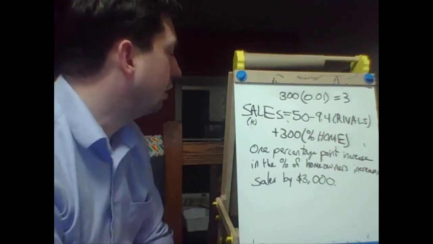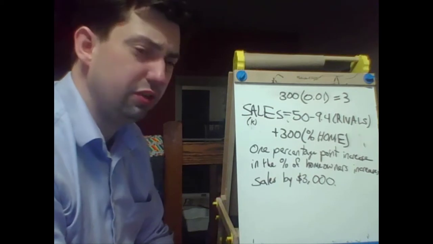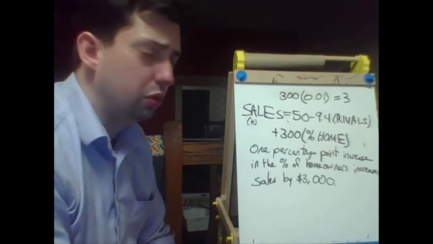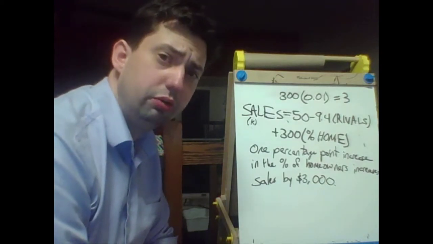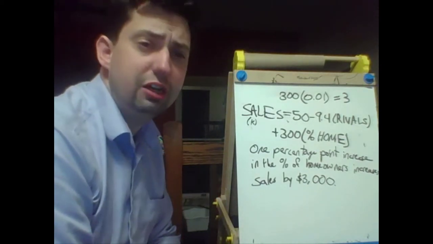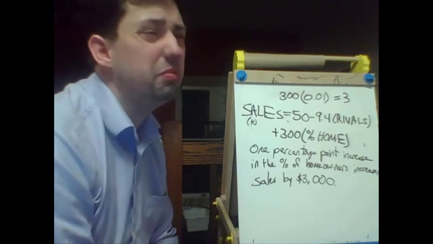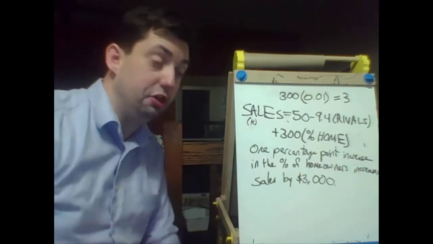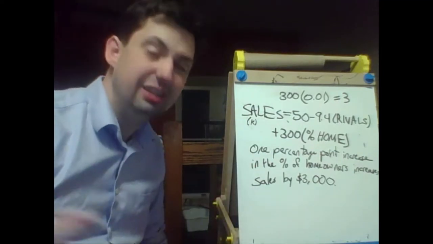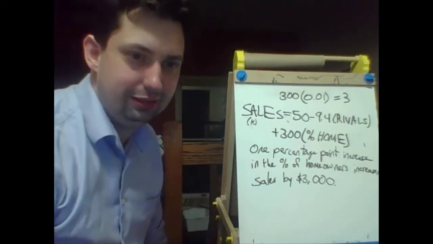You might be tempted then to ask, what would it require to increase sales by 300,000? Well, you would have to have not a 100% increase in homeowners, but a 100 percentage point increase in homeowners, which is impossible unless you started at 0, unless nobody owned their home, and then you went to everybody owning their home. Seems unlikely.